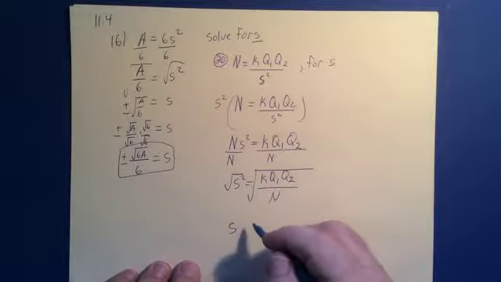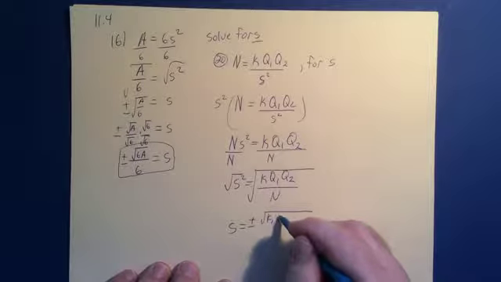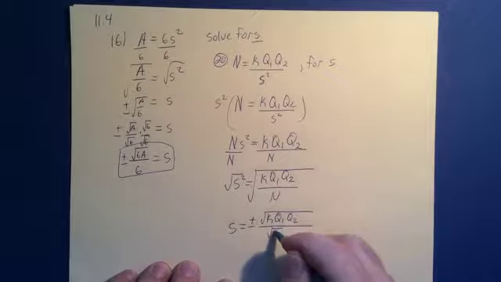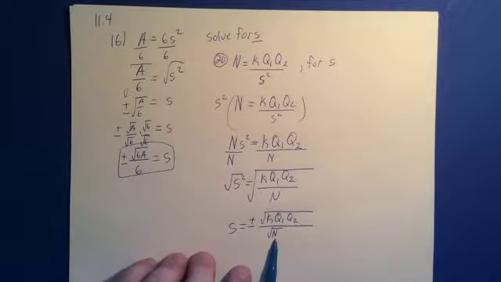So the square root of s squared is s. This is going to be plus and minus. And this is going to be the square root of k q sub 1 q sub 2 over the square root of N. And we'd almost be done except for one little thing. We can't leave the N down here by itself under a radical.